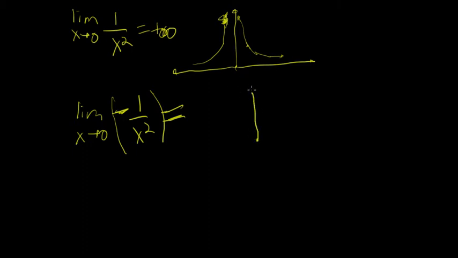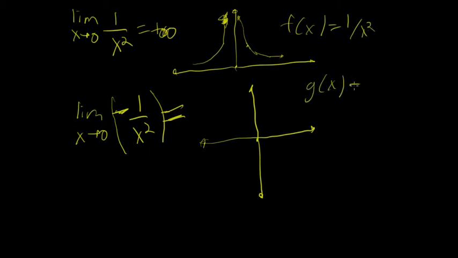So the graph of negative 1 over x squared is, for every point x, y on the graph of f of x equals 1 over x squared, there's going to be a point x, negative y on g of x equals negative 1 over x squared.